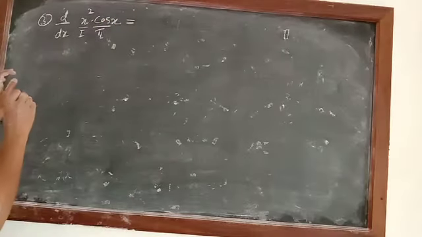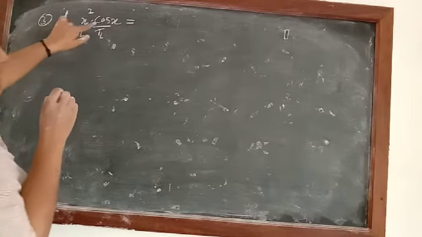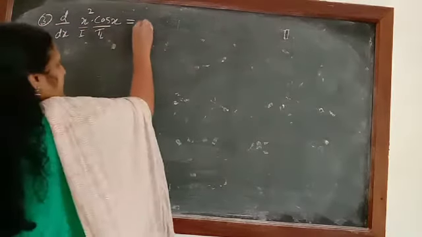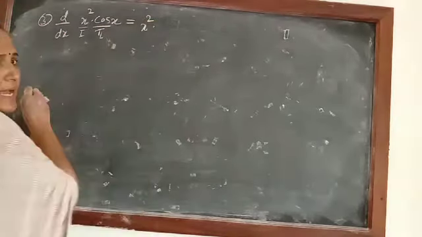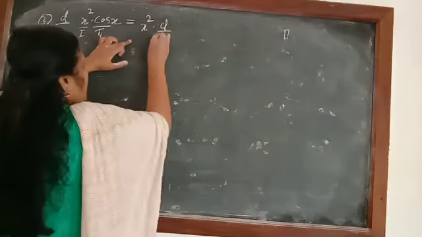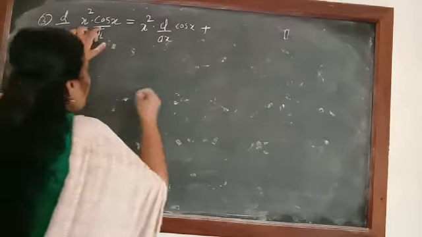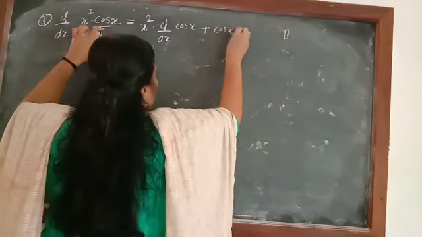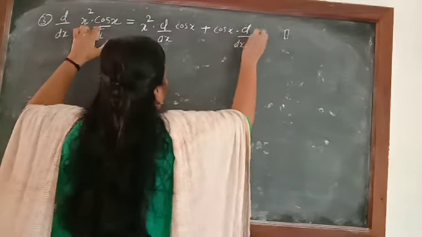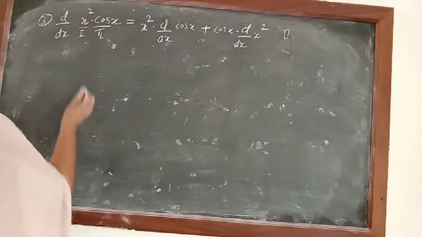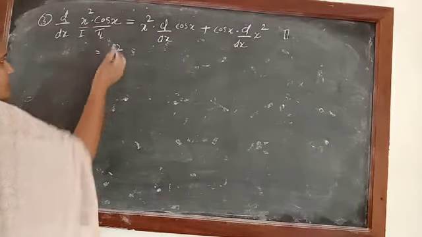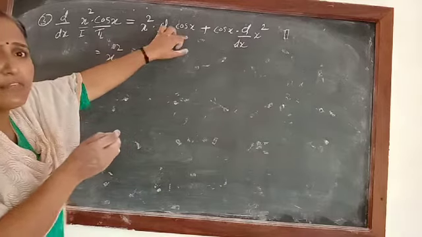According to the formula, first function into differentiation of second. First function we will write as it is: x square into d by dx of cos x, plus second function, that is cos x into d by dx of the first one, that is x square. What is d by dx of cos x?